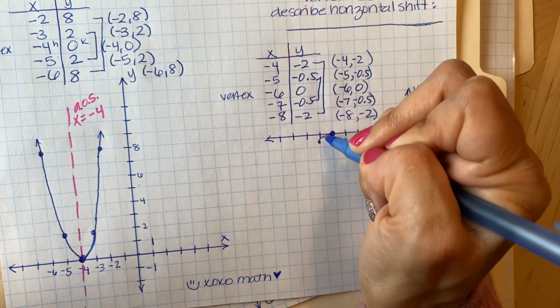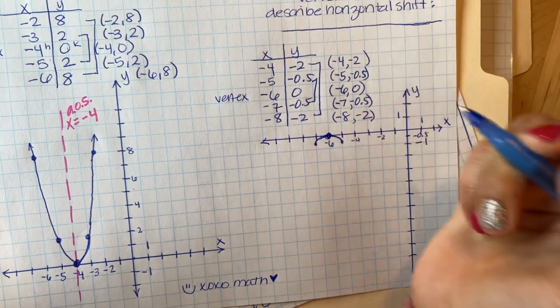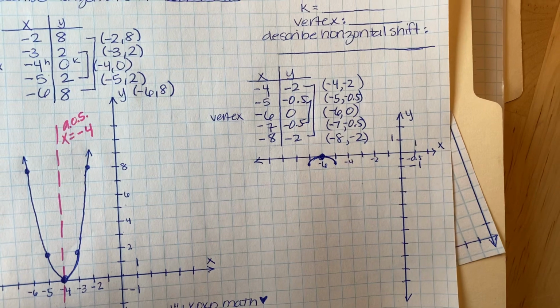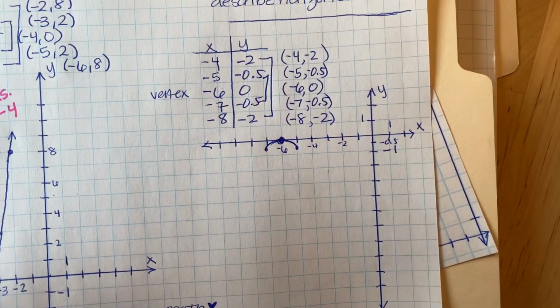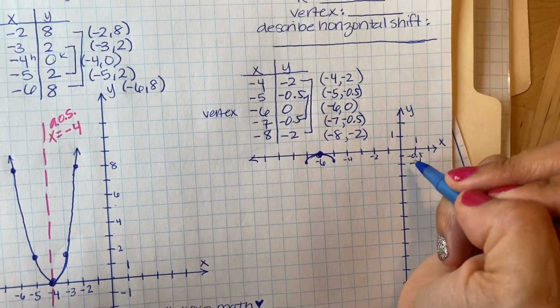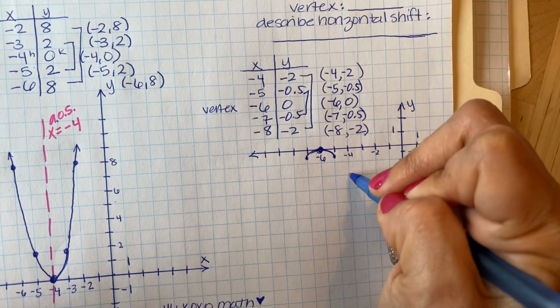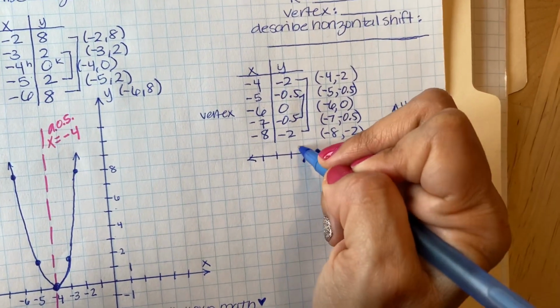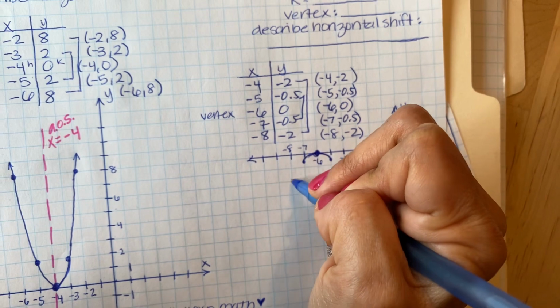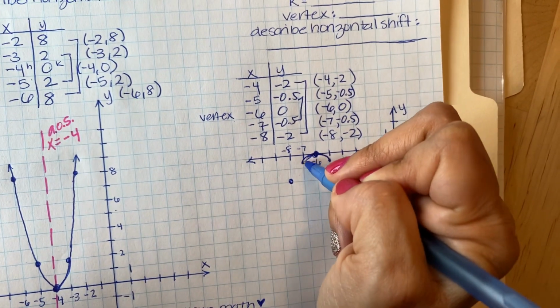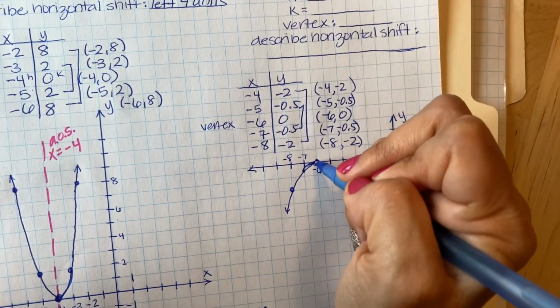So that's a nice bowl-like parabola. It's wide, it's opening up. And then -4, -2. And then this is -7, so this is -8, -2. All right.